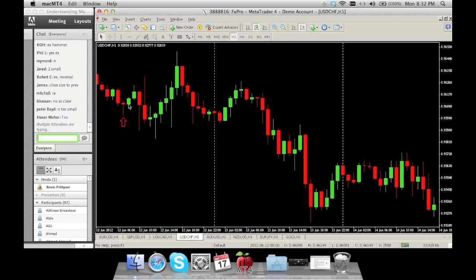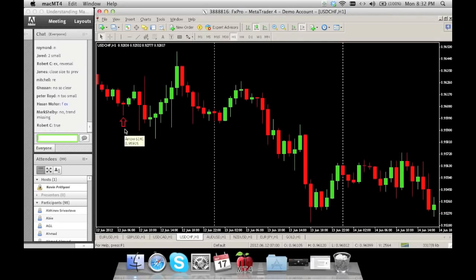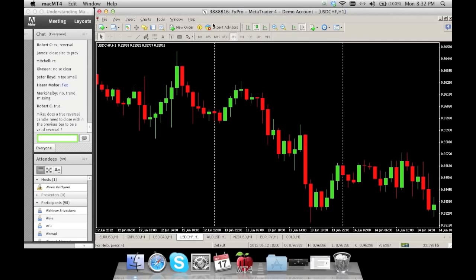Remember, just because the next candle went north does not make this valid. Okay, now going to the next question. Is this a trend continuation pattern? No. Previous candle was too big. Good, very good.